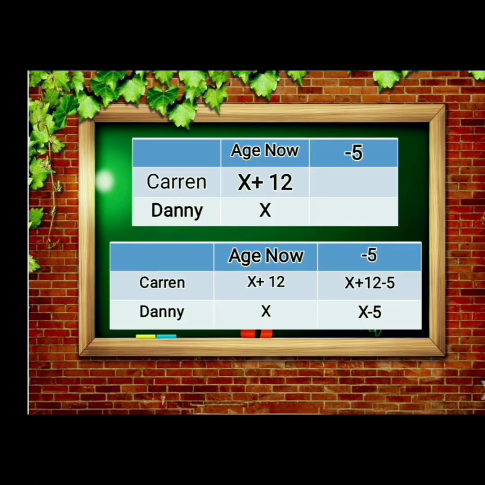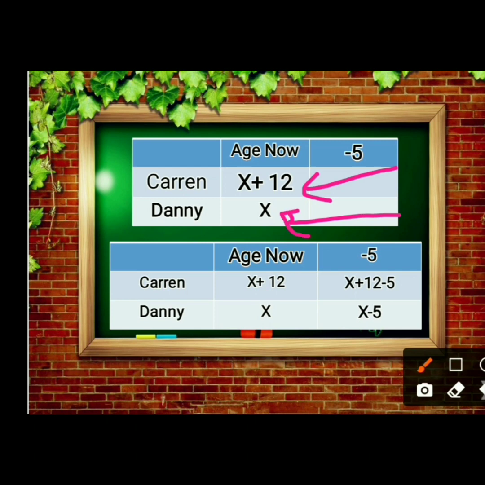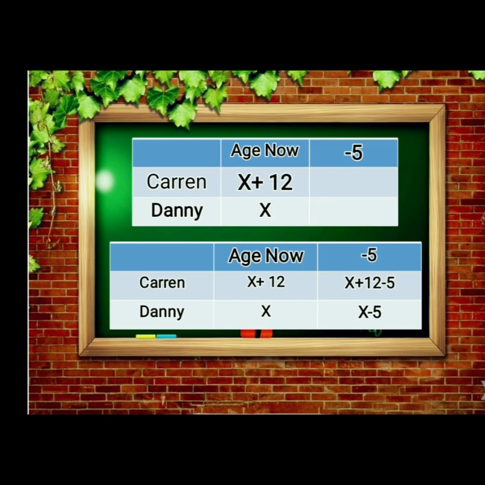So the second table: Karen is 12 years older than Danny. We don't know about Danny, so he is X. Karen then is X plus 12, while Danny is X. In the third table, subtract 5 from the now column to get the change.